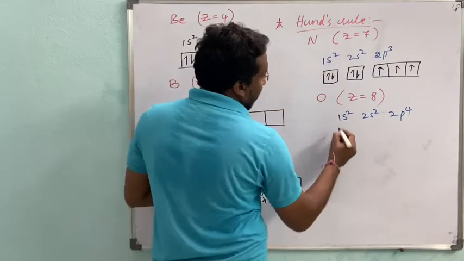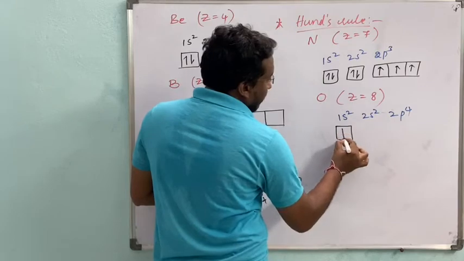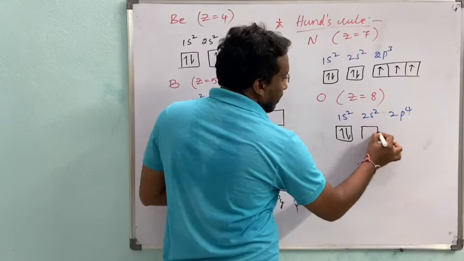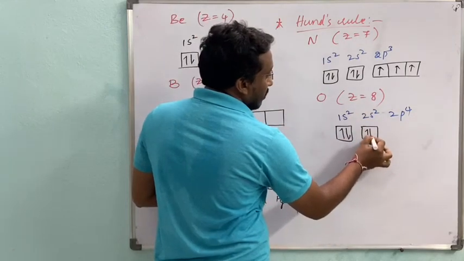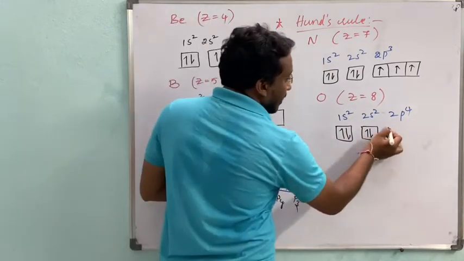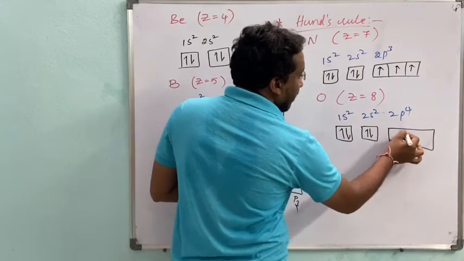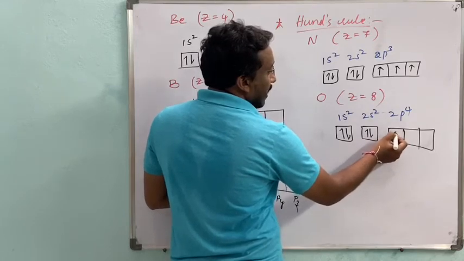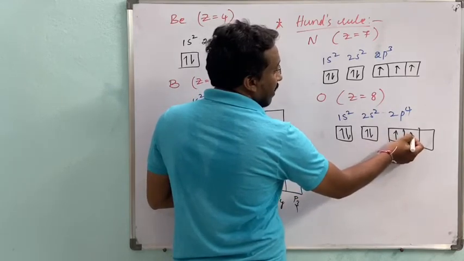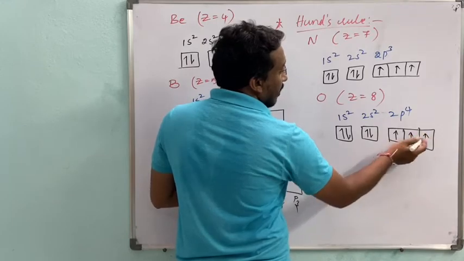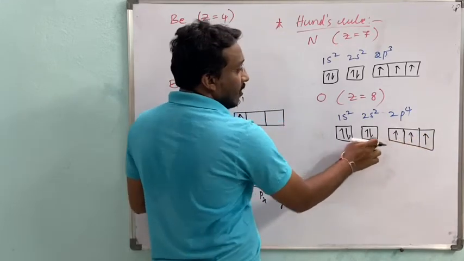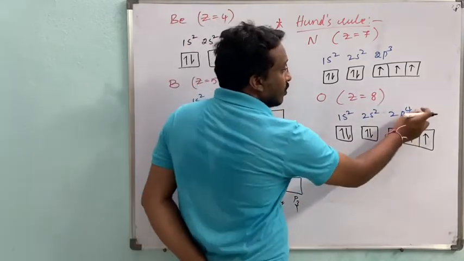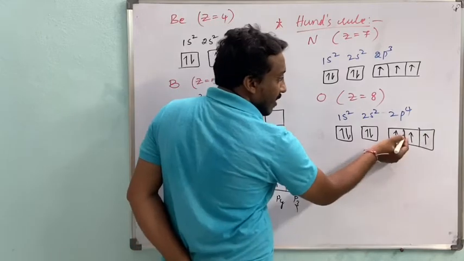Then here see it, 2 electrons, and next 2 electrons, right? Next it has 3 degenerate orbitals. What I said, first all degenerate orbitals should be occupied by even 1 electron, then all are half filled. Now it is half filled, no? Then after, if you have any extra electron, that should start from here. Now pairing will start here.